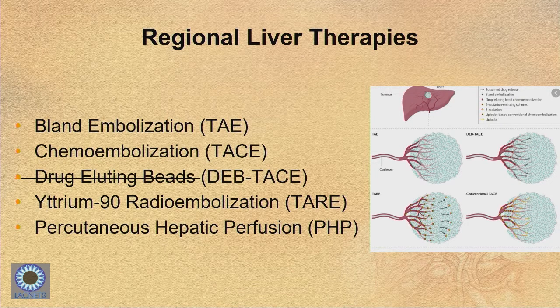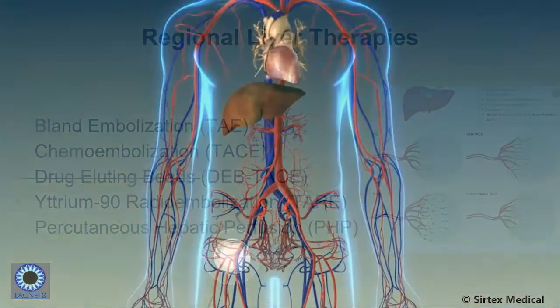Drug-eluting beads are beads that are soaked in chemotherapy and infused into the artery. Once they hit their location, they slowly elute chemotherapy, and there's actually been some issues with this technology in neuroendocrine patients that we'll address a little bit later. Radioembolization, the particle contains radioactivity, and then there's also isolated percutaneous hepatic perfusion.